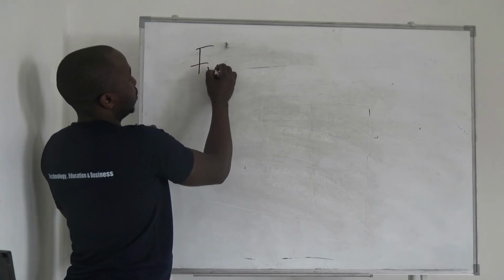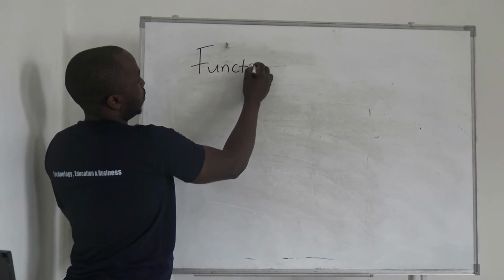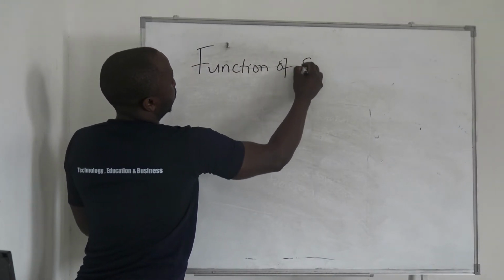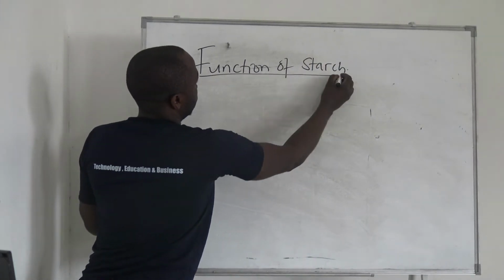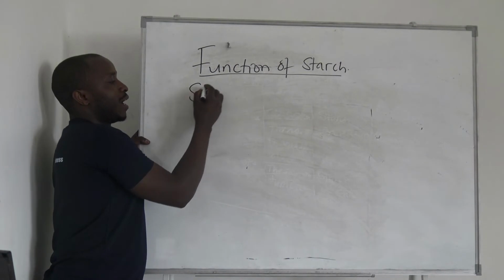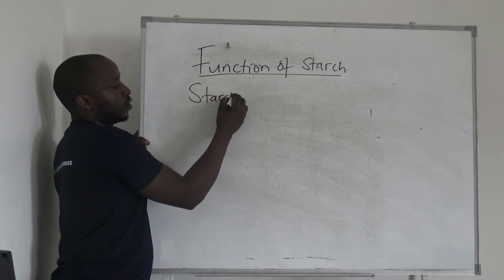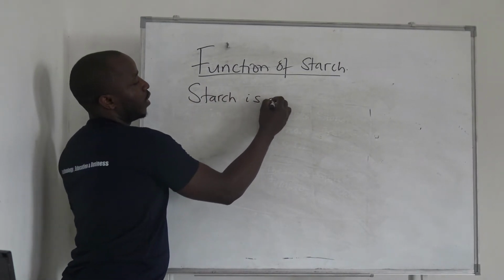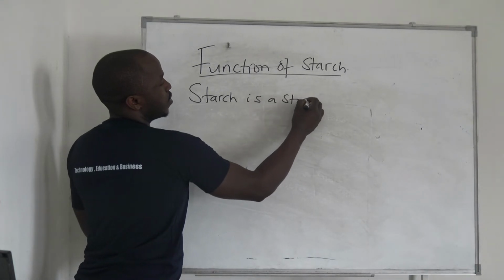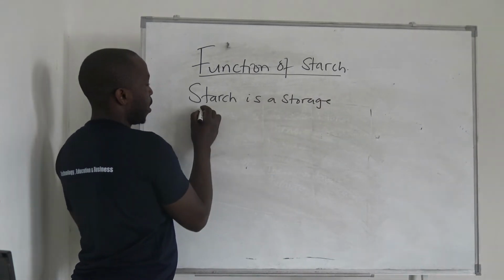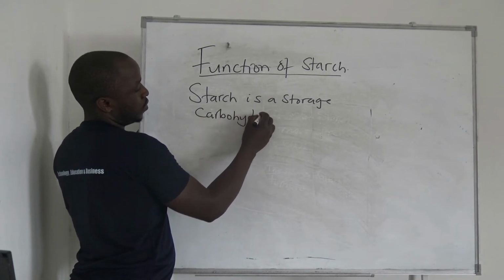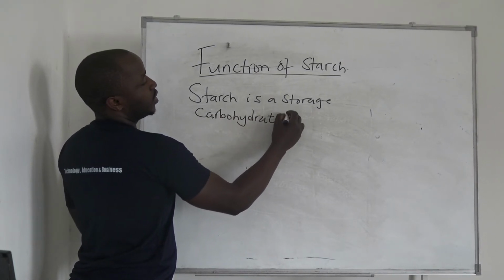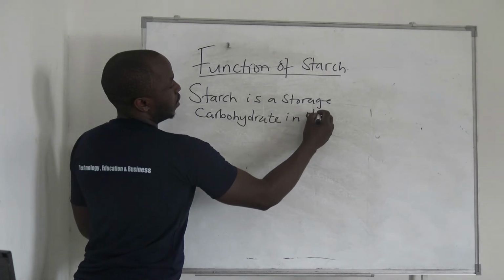Starch is a storage carbohydrate in plants.